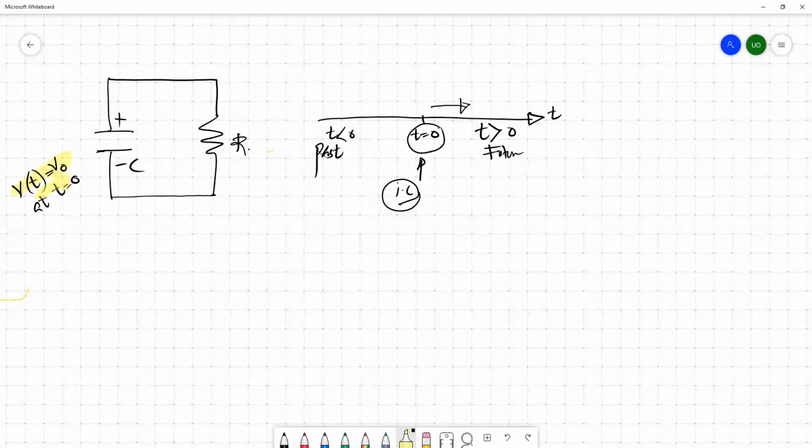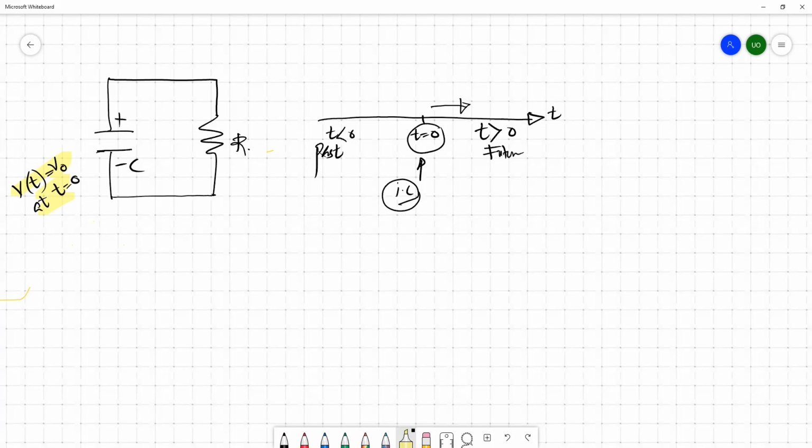So this is the initial condition. At t equals 0, the point where we start monitoring, analyzing and forecasting, we know that the capacitor is at a voltage of V naught. But we don't know from which source, at what time, or how long it took. We know only that this capacitor is charged up to V naught.